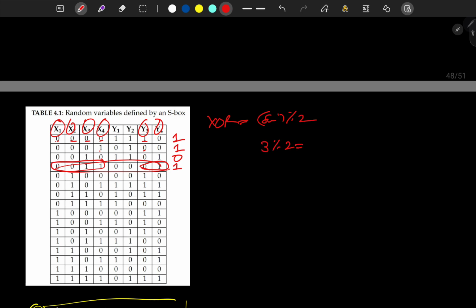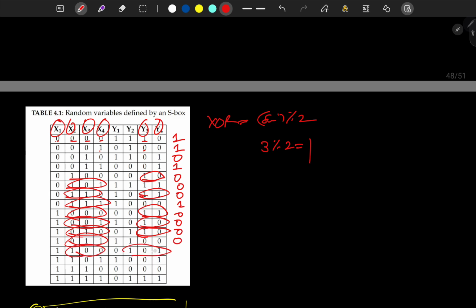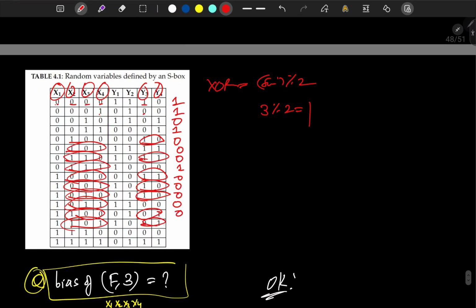So 3 modulo 2 is 1. That's why I have written 1 like this. Here 1 1 0, here it becomes 0 0, 0 0 0, 1. Like this you have to follow, bro. Very simple.